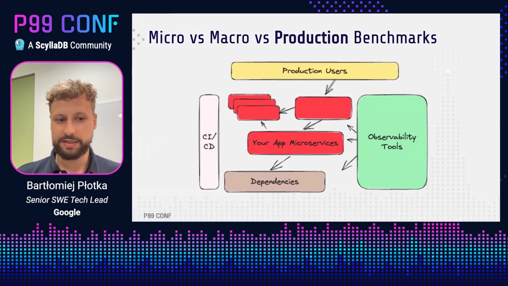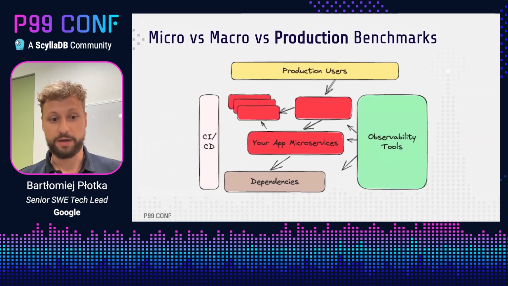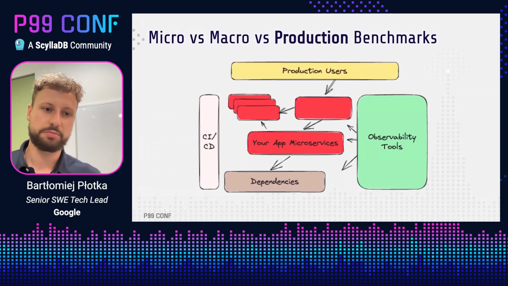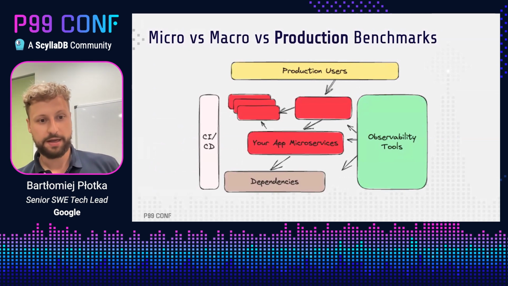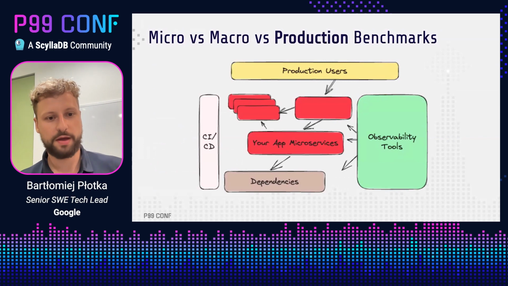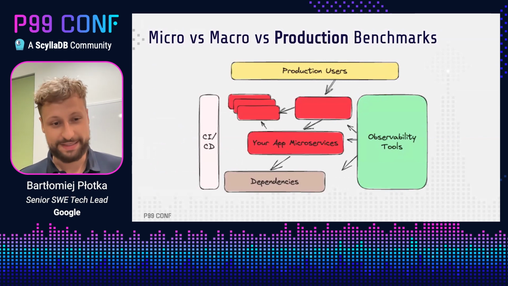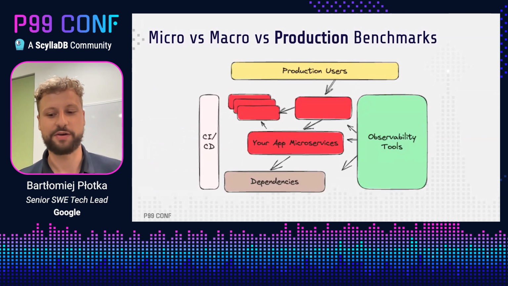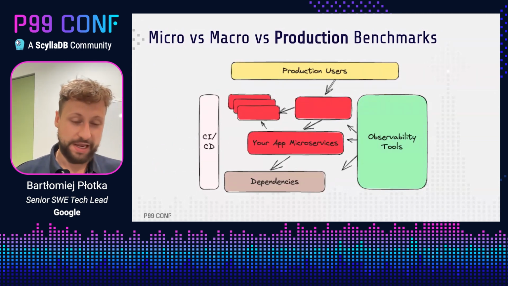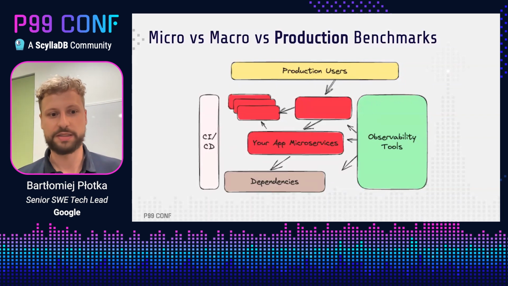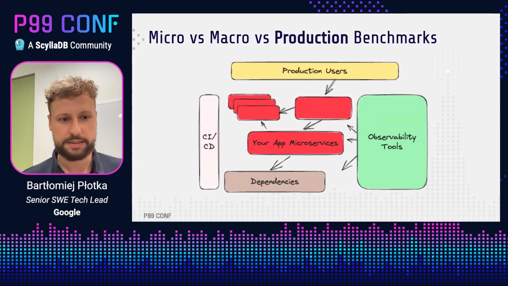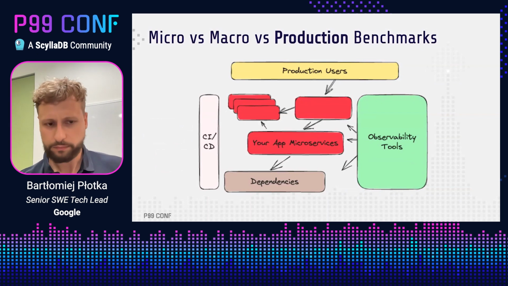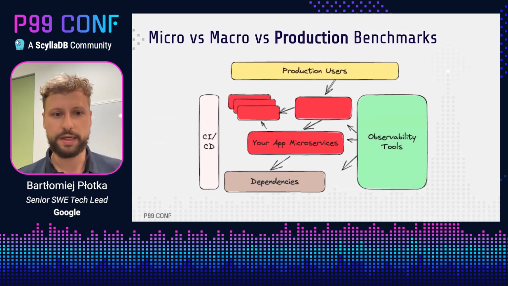So one way of doing this is benchmarking on production. You could just deploy a new version of your application, run it, and see how it interacts with production users on production load. That's the most true information about your efficiency level. And it might be good for your use case. It might be totally a good way of learning about the efficiency of your software. But in the majority of cases, it can be dangerous, of course, because you might release a new version that has some bottlenecks, maybe running out of memory very quickly, and you cannot scale it quickly enough.